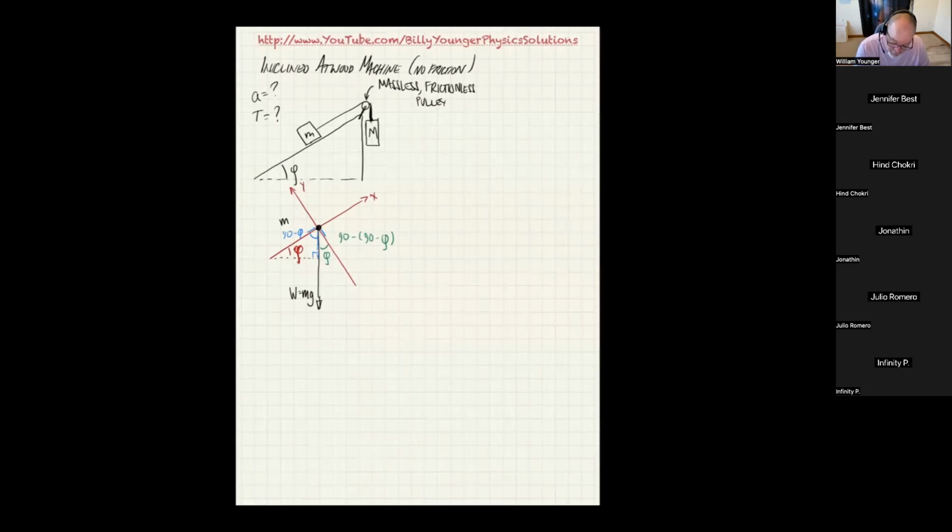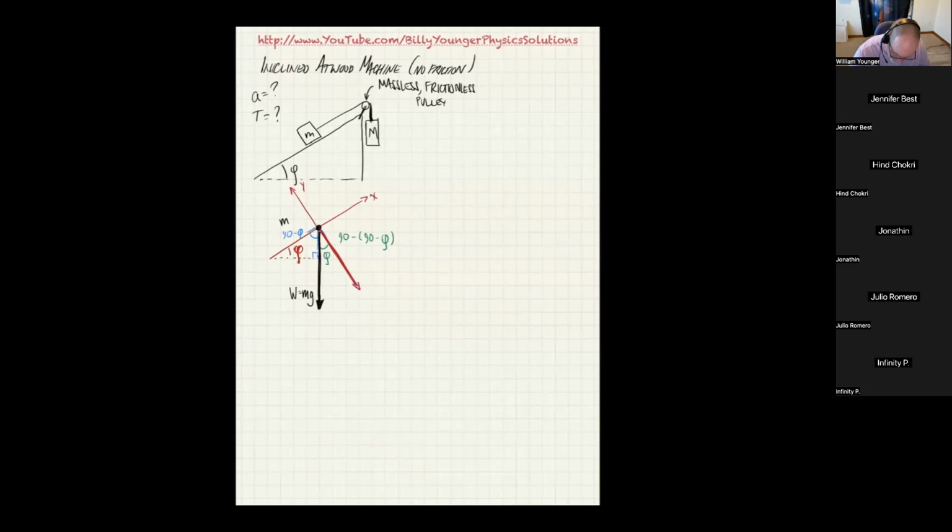Okay. So with all of that in mind, we can now break this weight vector up into a component that's parallel to the y-axis and a component that's parallel to the x-axis. So I am going to do that now. I am going to choose red as my negative direction.